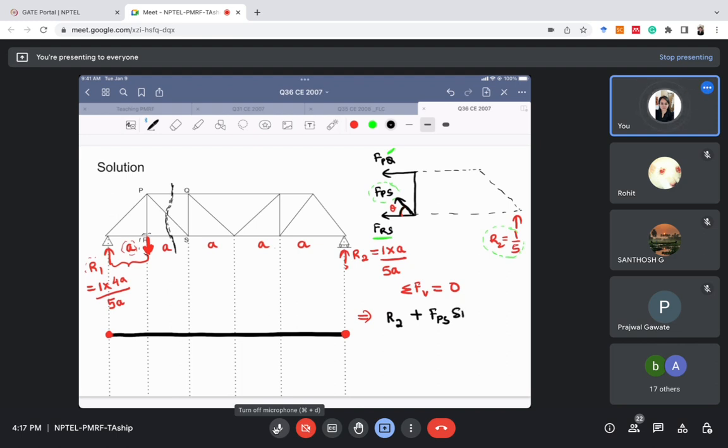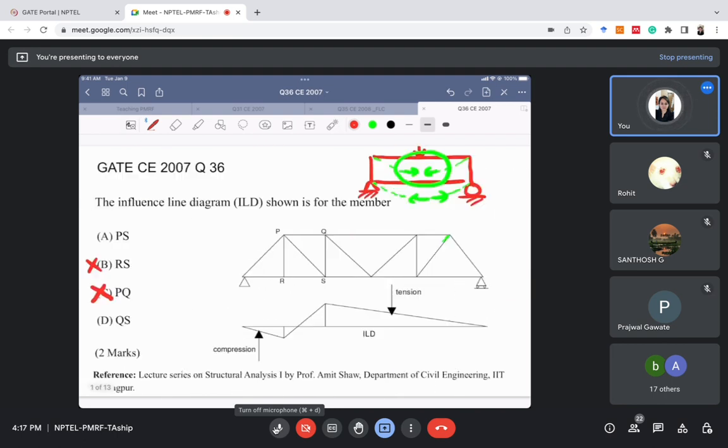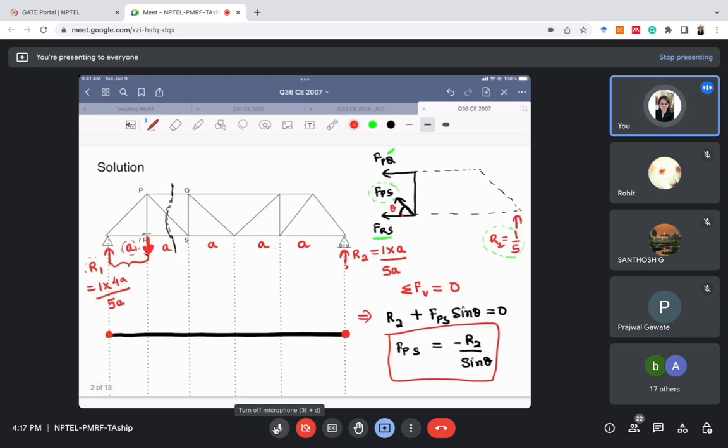So R2 plus FPS sine theta equals 0, and FPS equals minus R2 divided by sine theta. We do not need to calculate the values here, because we are asked just for the shape of the ILD. We are not given any values, so we just have to determine the shape of the ILD.